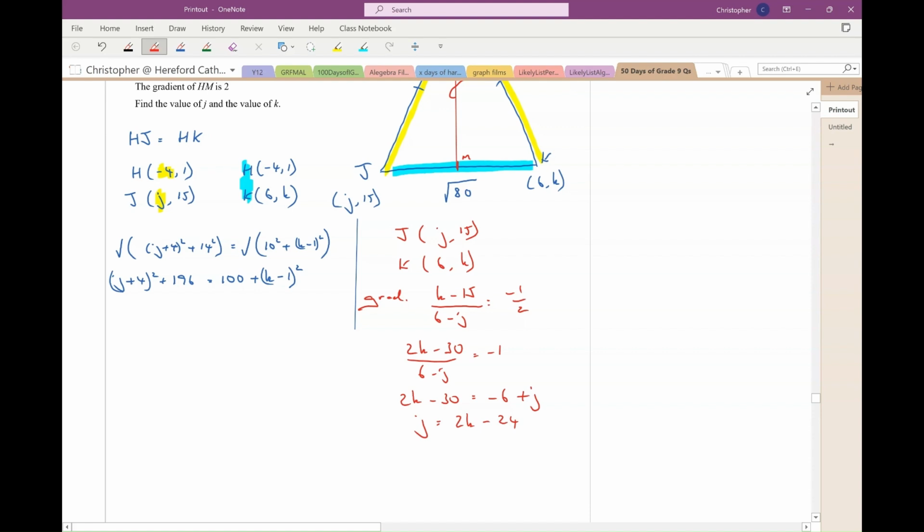Okay. Now look at this. I'm going to take that expression for j and substitute it into here. So there, where I've got (j plus 4) squared, I'm going to think about that as 2k minus 24 plus 4. So that is (2k minus 20) squared plus 196 equals 100 plus (k minus 1) squared.